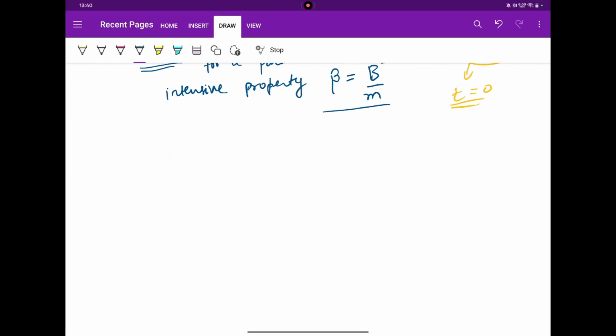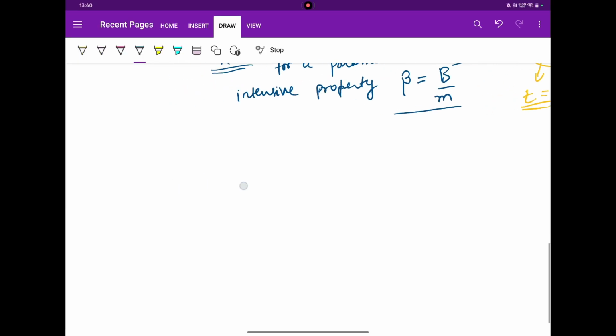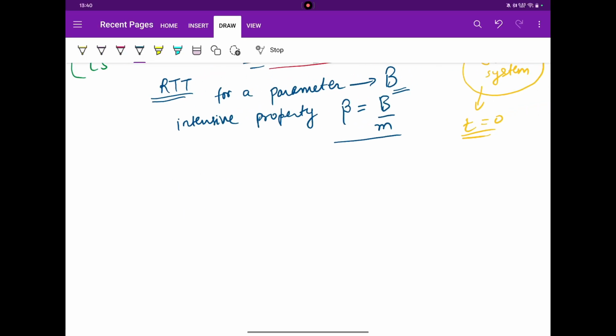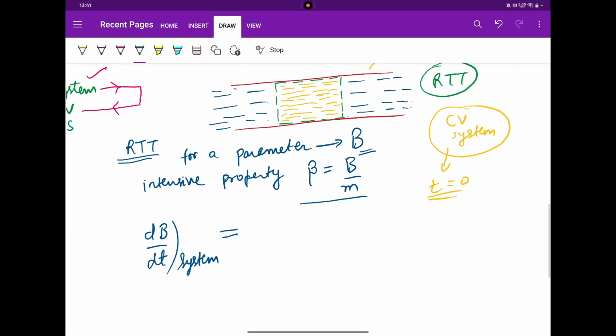B could be anything, like I said: mass, energy, enthalpy, heat. So dB for the system, or you can write it as dB by dt for the system. Now you want to relate it with control volume. If I consider property B, with time its change is dB by dt for a system.